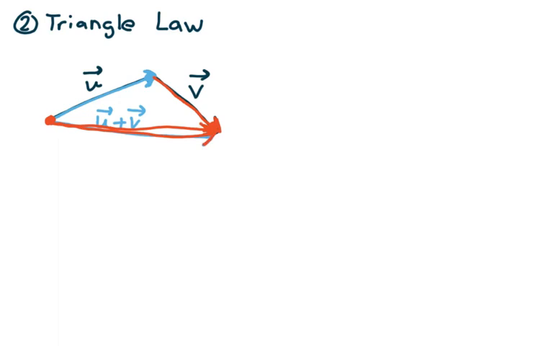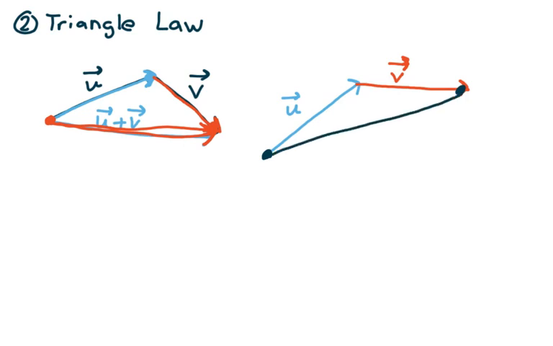So let's do that again, okay? Suppose this is U, and I'm going to draw V. So here's V. So to get U plus V, I'm going to go from the initial point of U to the terminal point of V. So I'm going to connect these dots, and I'm going to draw an arrow at the terminal point of V, which is right here.